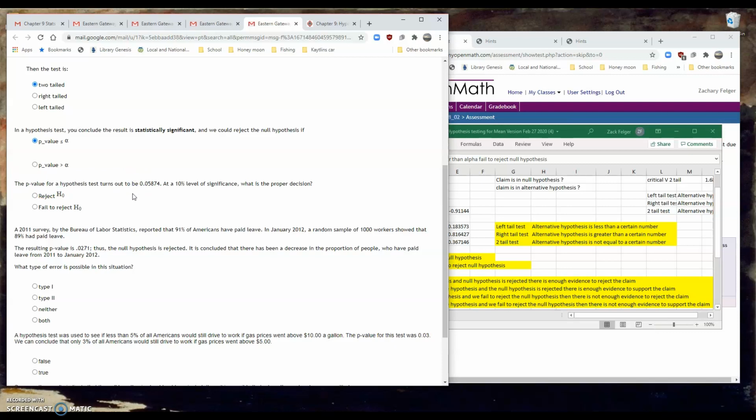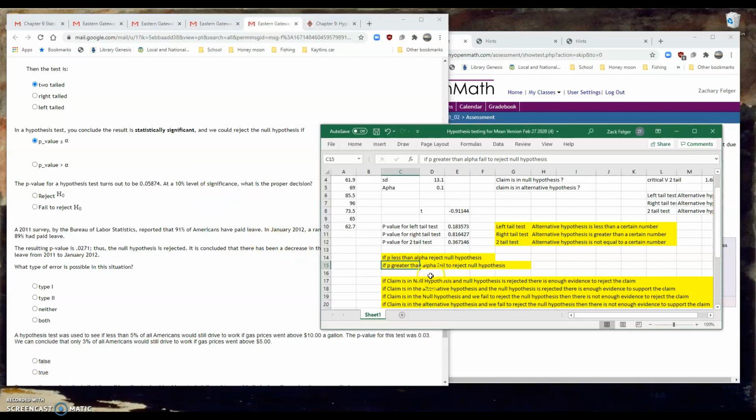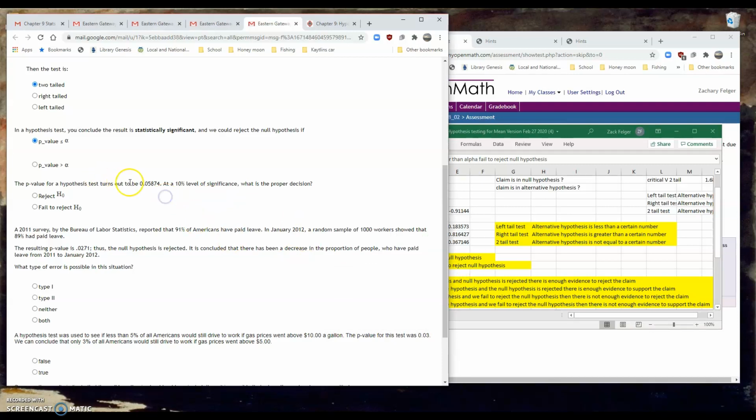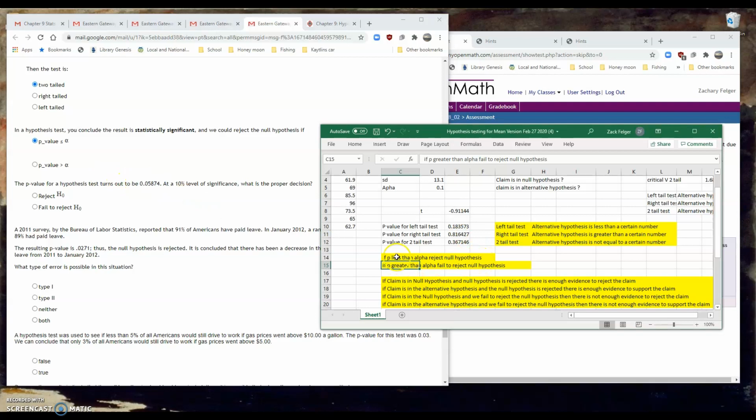Now in this instance, the p-value for our hypothesis test turns out to be 0.05874 at a 10% level of significance. Well, the level of significance is alpha, so in that case, our alpha is greater than our p-value. So in that instance, just looking at our notes, and remember, if the p-value is less than alpha, reject the null hypothesis, and if the p-value is greater than alpha, fail to reject the null hypothesis.